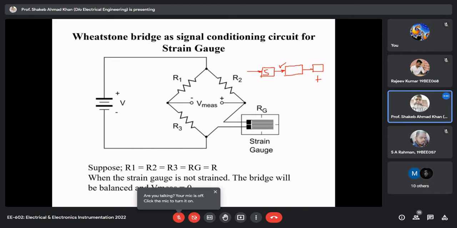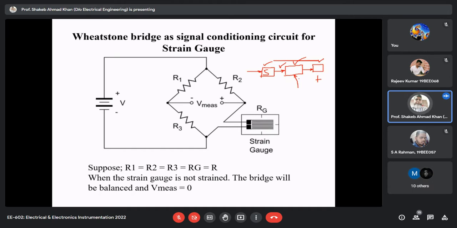Generally, you'll find that the instrumentation system will have sensor, signal conditioning circuit stages, and then a final output stage, like a display. So signal conditioning, like the sensor, is an integral part of the instrumentation system.